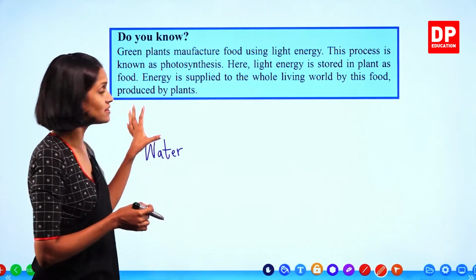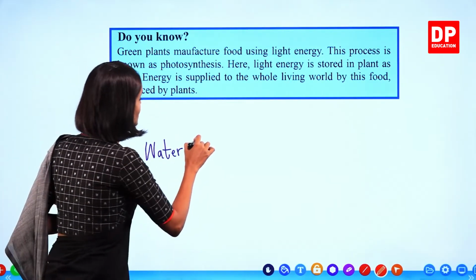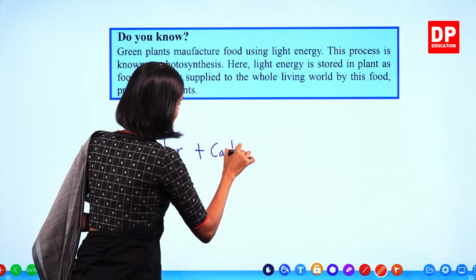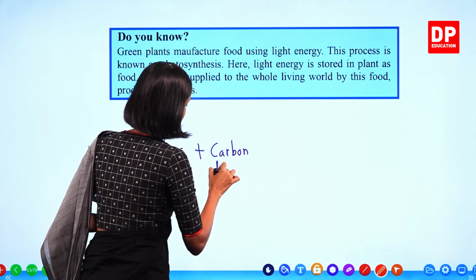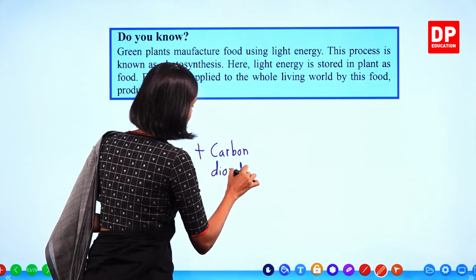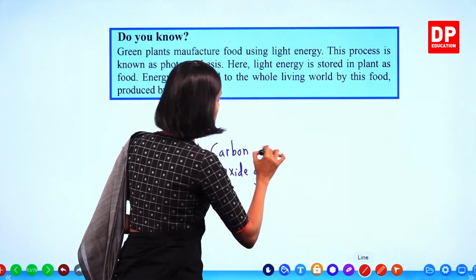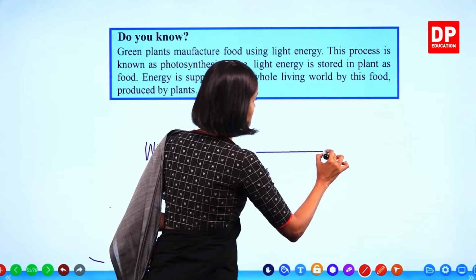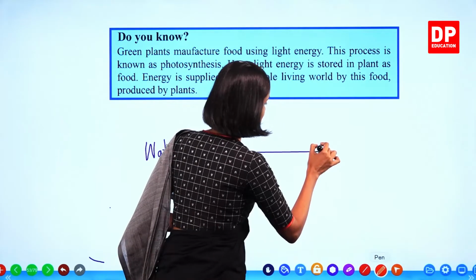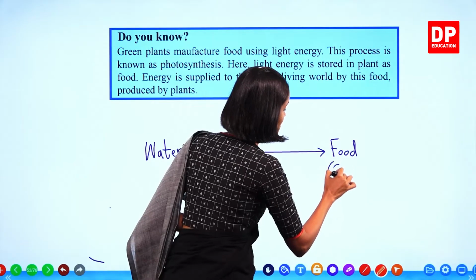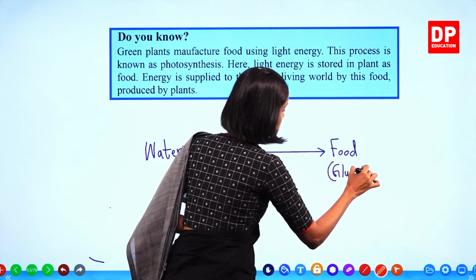Okay. So inside the plant, the water reacts with or combines with carbon dioxide gas. Carbon dioxide gas. And as a result, food is produced by plants. Now here, basically food means glucose. In brackets we will write glucose.